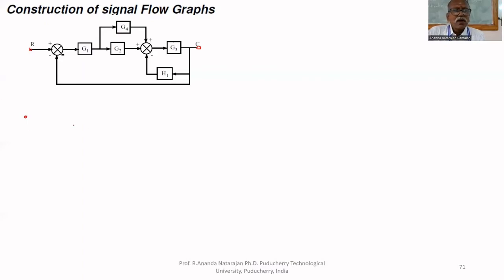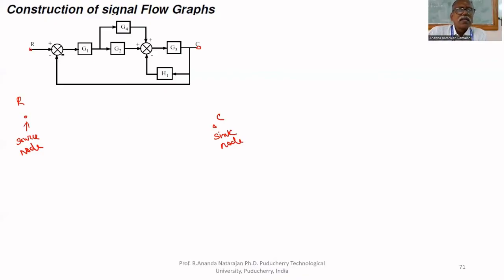So like that here, R is one node and C is another node. This is called source node, and this C is called sink node. Starting node is called source node. End node is called sink node.